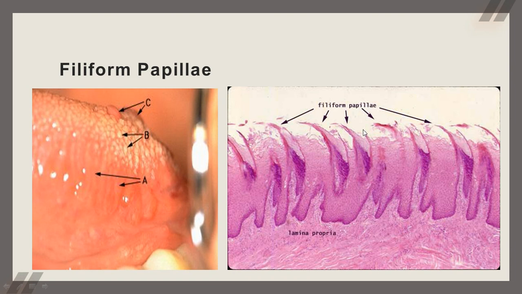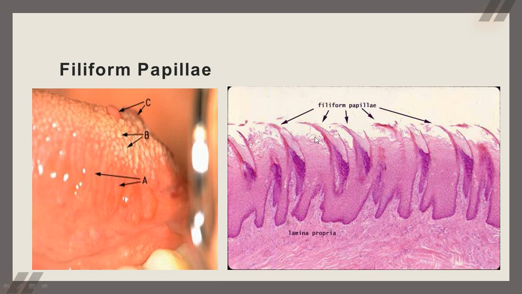Filiform papillae is completely keratinized and contains needle-like projections, and it appears slightly whitish in color because of the extensive keratinization, which masks the underlying connective tissue. That is why the redness of this mucosa is not seen and only a whitish part is seen.